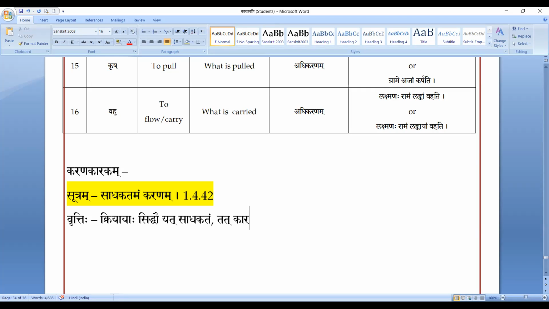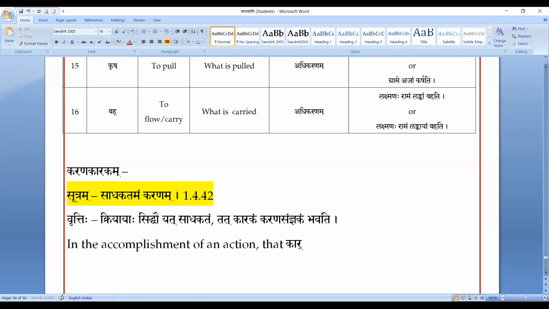Tat karakam karana sanyakam bhavati. That is, in the accomplishment of an action, that karaka which is most useful. That way sadhakatamam, the tama pratyaya is added, which is most useful.